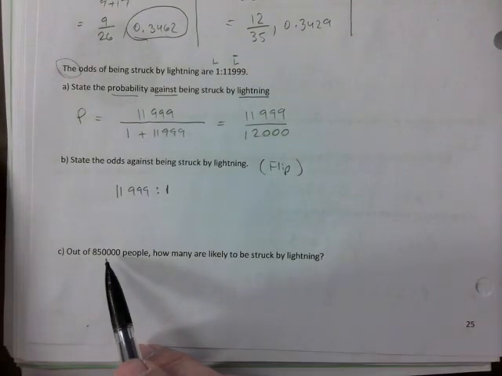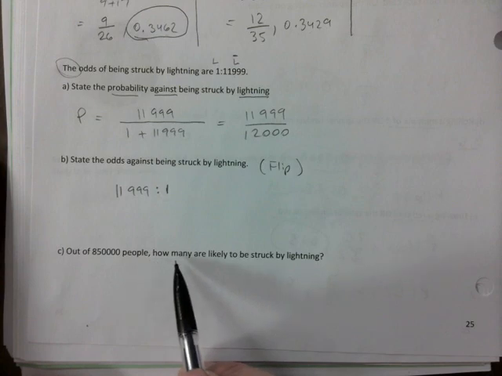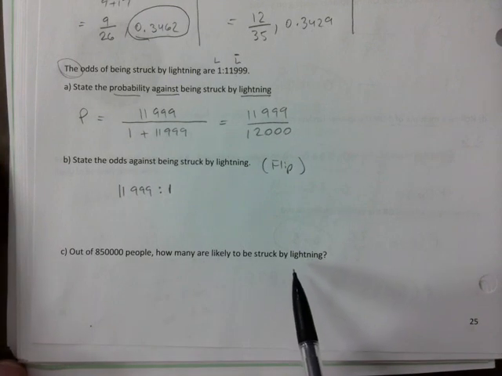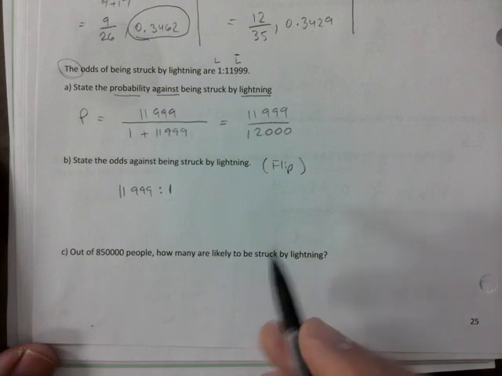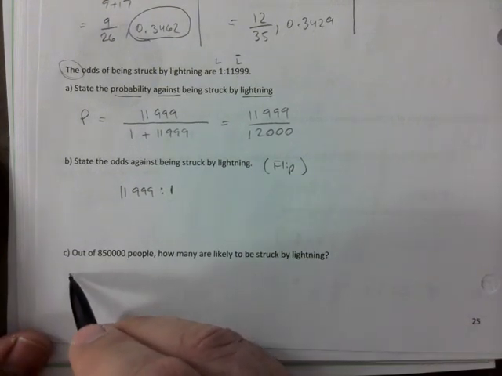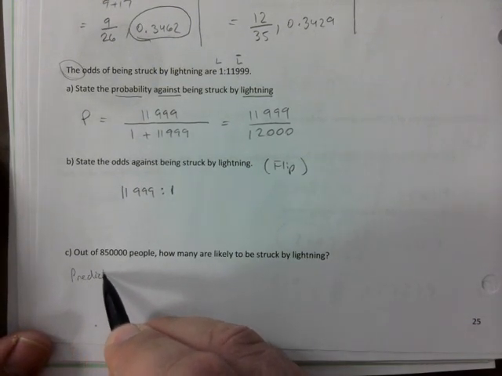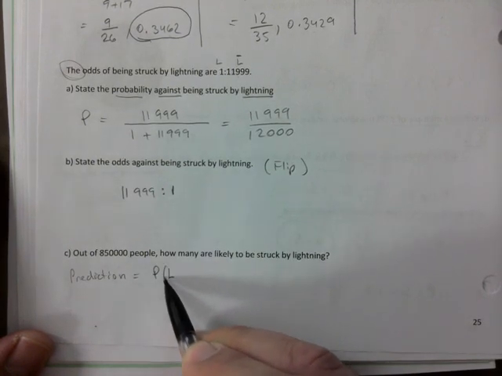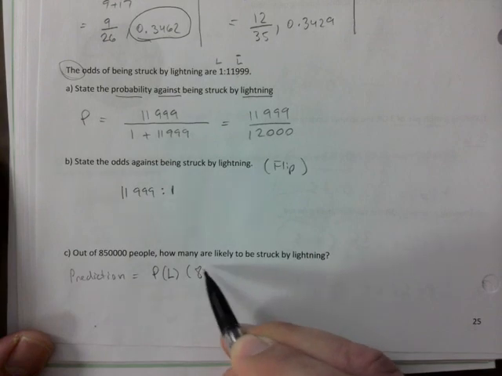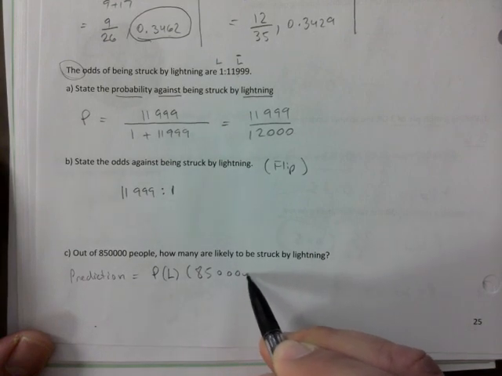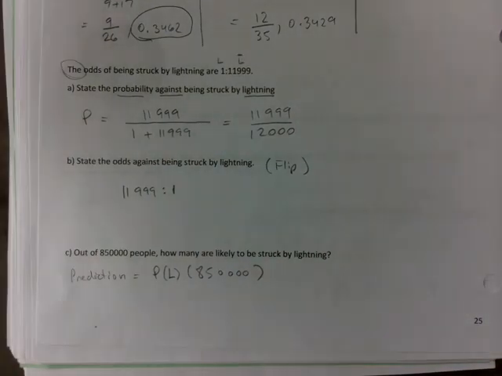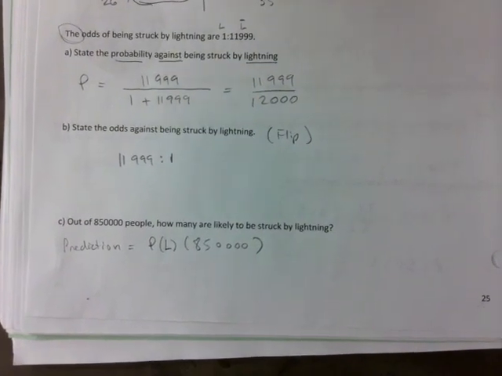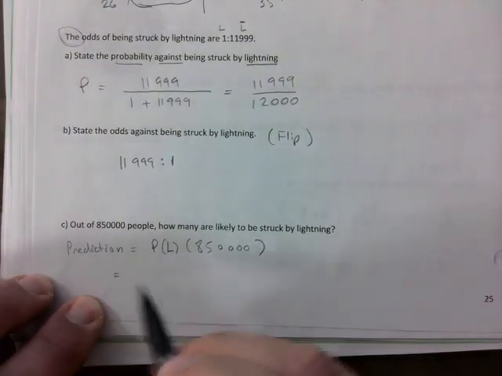Next, out of 850,000 people, how many are likely to be struck by lightning? Likely. Okay. So you need to go prediction. You're making a prediction. So this is the probability of being struck times 850,000 people. So what's the probability of being struck?